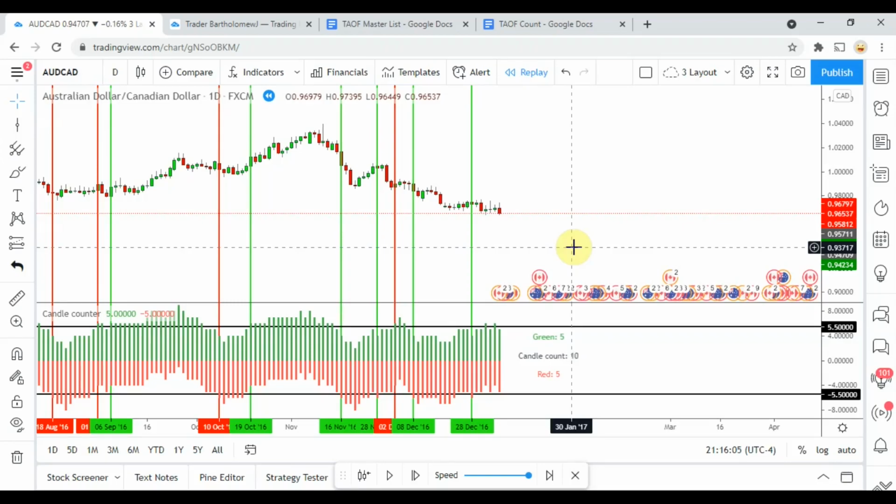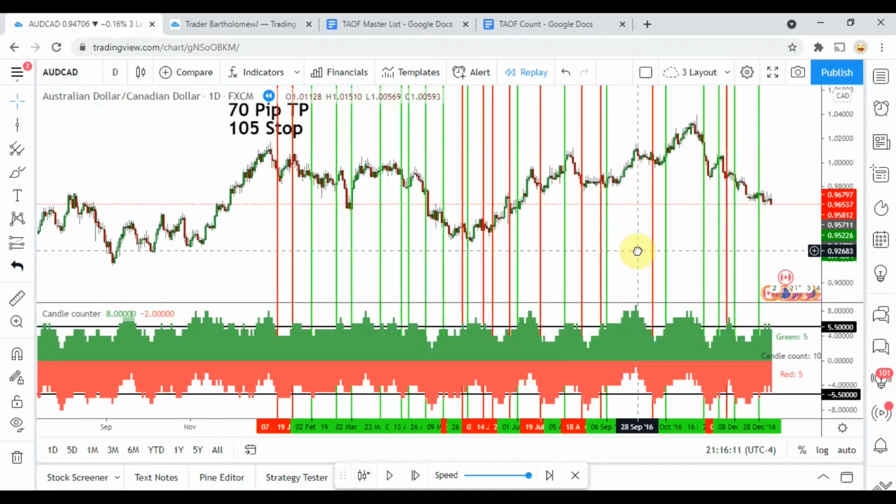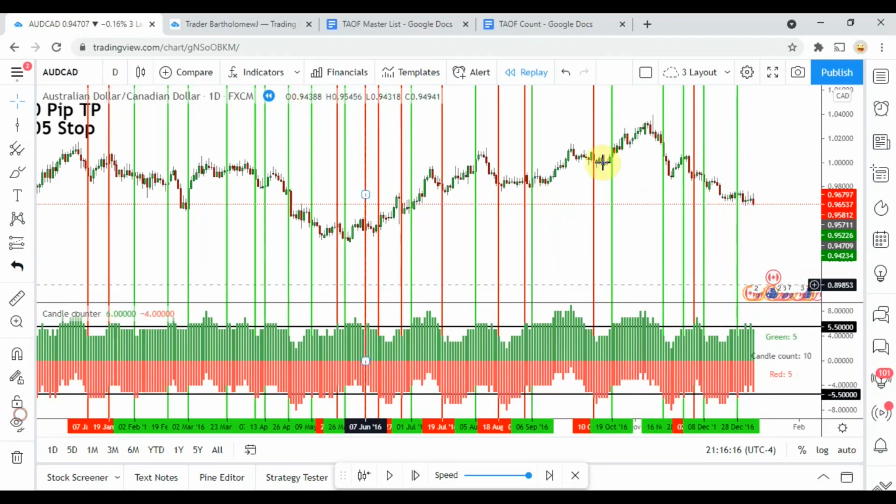All right, so back to the indicator at hand. Let's zoom in on this here. Let's count these out and see what we get out of it. So we have 1, 2, 3, 4, 5, 6, 7, 8, 9, 10, 11, 12, 13, 14, 15, 16, 17, 18, 19, 20, 21, 22, 23, 24, 25, 26, 27, and 28.